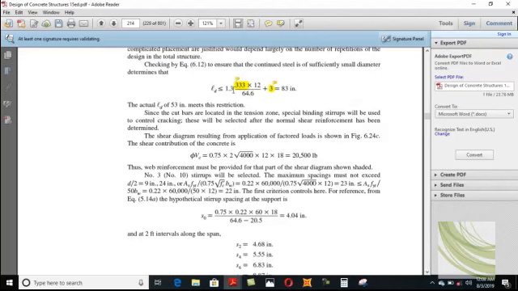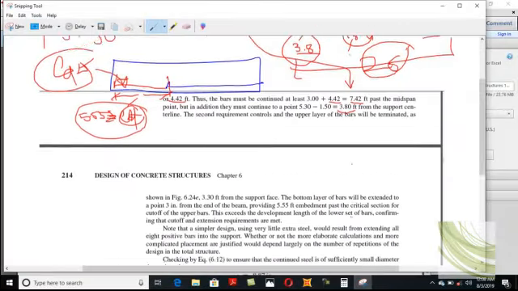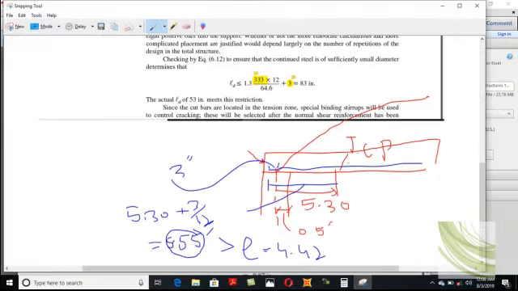Now they're checking that kind of check, as we did in the last lecture's example 11. As it is simply supported, you need to multiply by 1.3, and this is Mn. We know the capacity is 300 kip-feet.